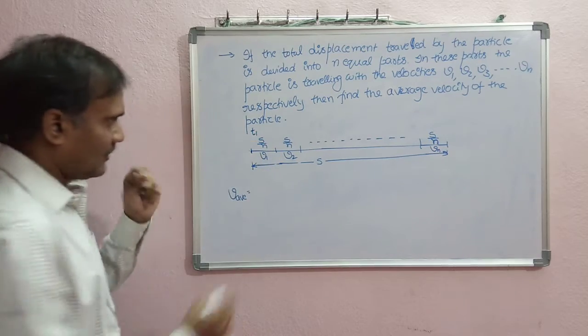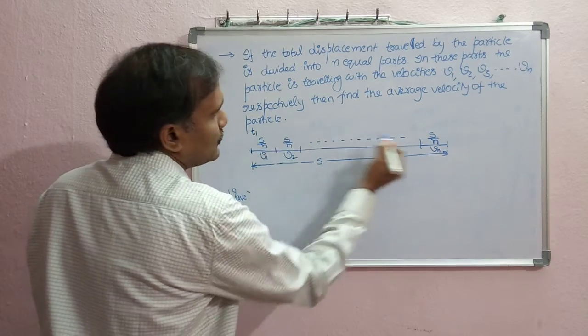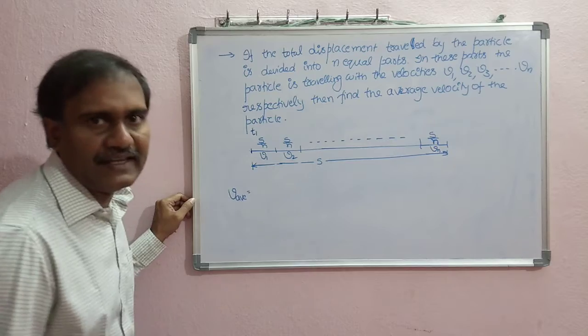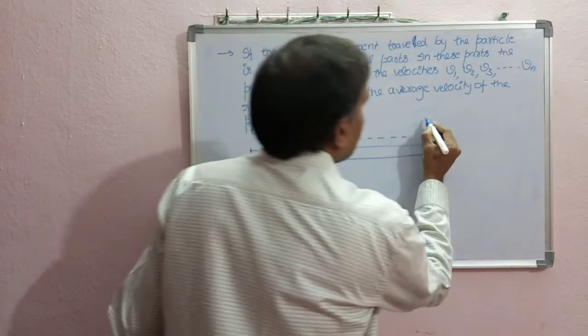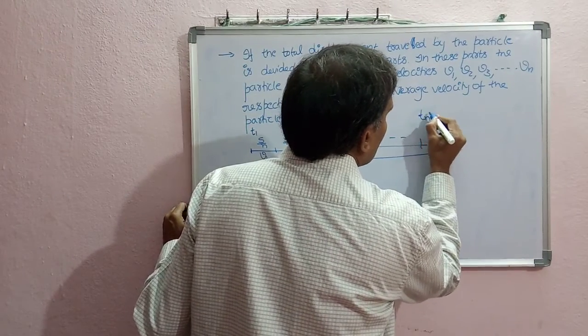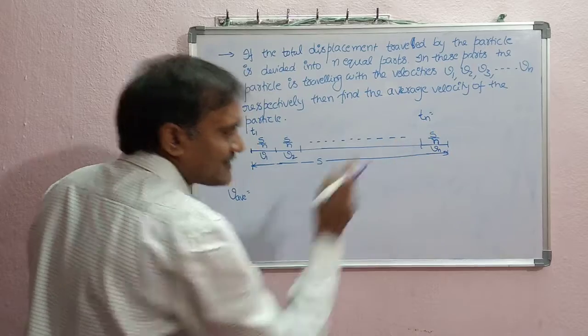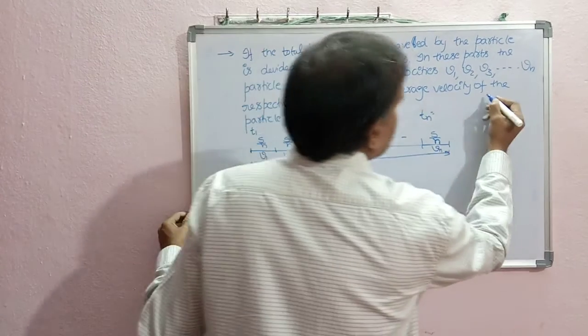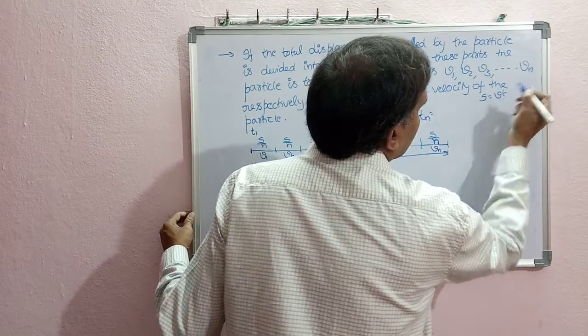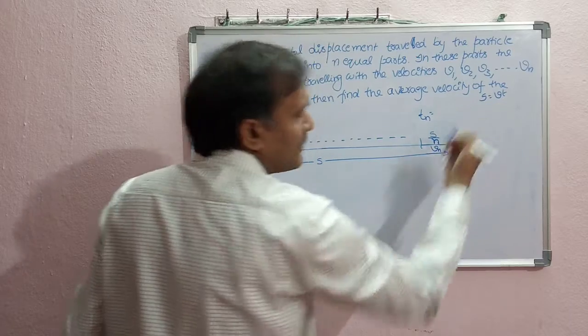T1 for this path, T2 for this path, and for this path it is Tn. Now, here Tn is equal to how much? In terms of S and V, average velocity is equal to displacement by time.